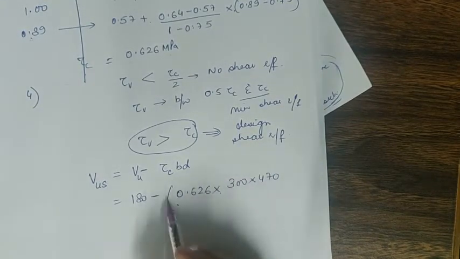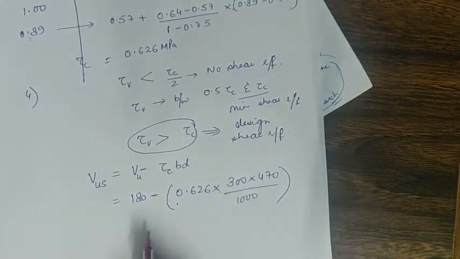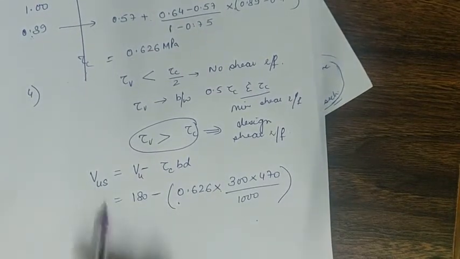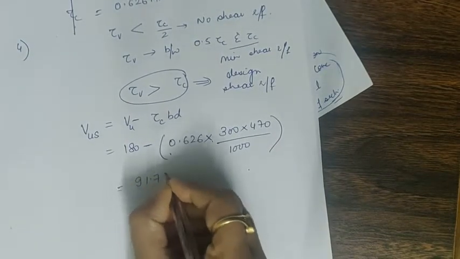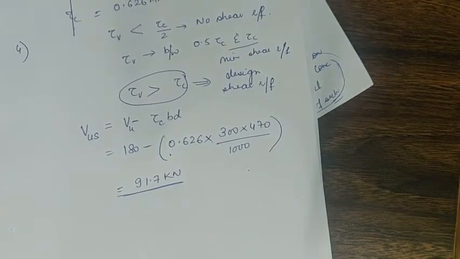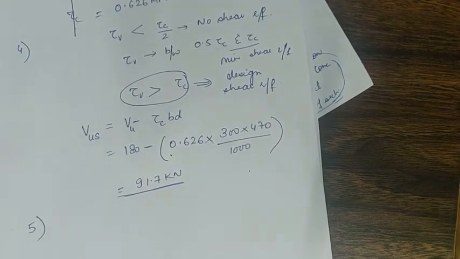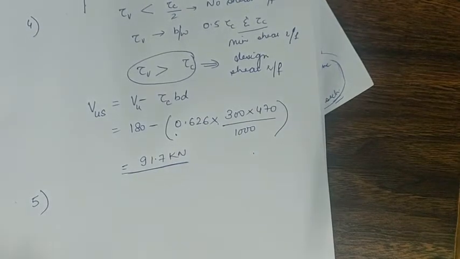All this will give a value in Newton. I'll divide it by 1000 to get it in kilonewton. So the balance shear force for which reinforcement is required is 91.7 kilonewtons.